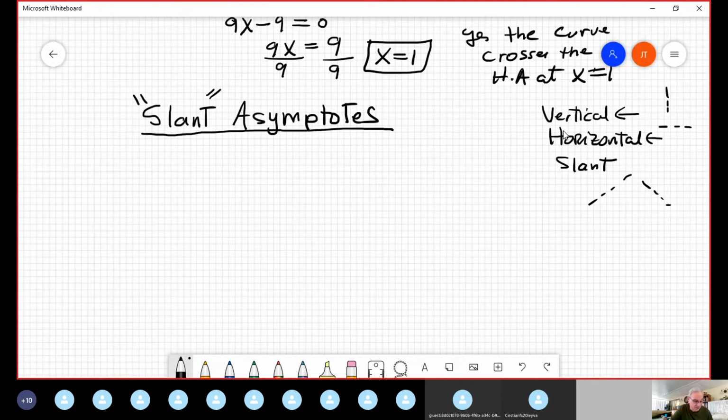So how do you recognize whether we have a slant asymptote or not?